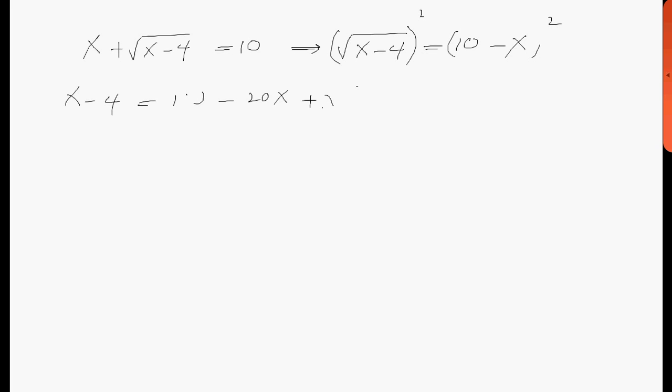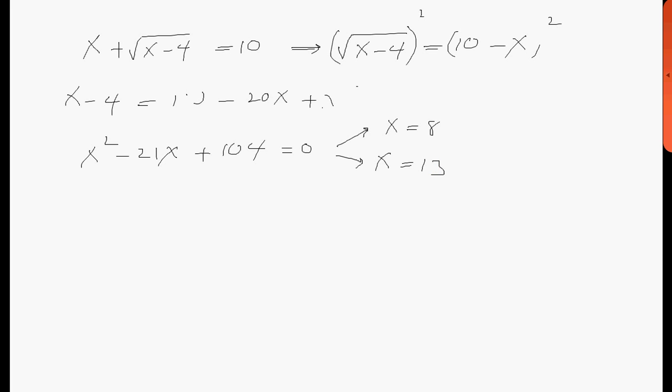Okay, if I write this in standard form, I have x squared minus 21x plus 104 equals 0. So if you solve this equation, you get two solutions. x equals 8 and x equals 13.